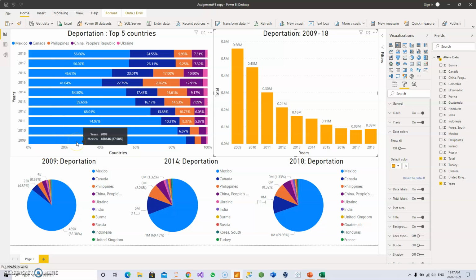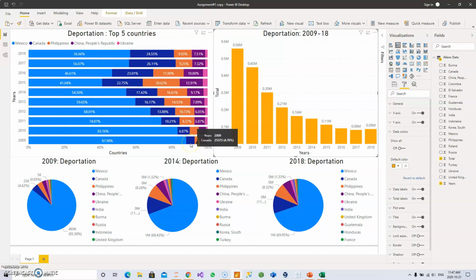In 2009, almost 88% of immigrants are from Mexico. But gradually the numbers are reducing steadily till 2015, and it reached almost 41%, almost half. Then again it shows a reverse trend, and numbers are increasing, and it is around 57% in 2018.